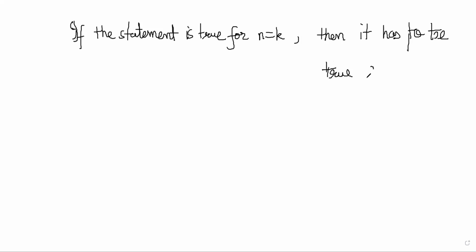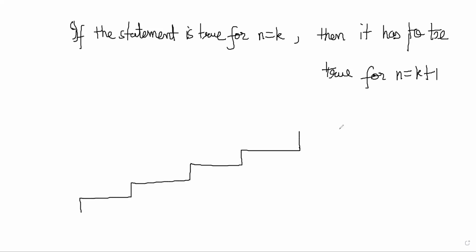So now think of your ladder again, think of your staircase again. That just means that if I am ever at any step, I can always go to the next higher step. So this is called the induction step.